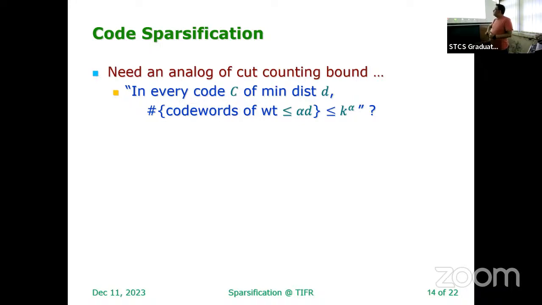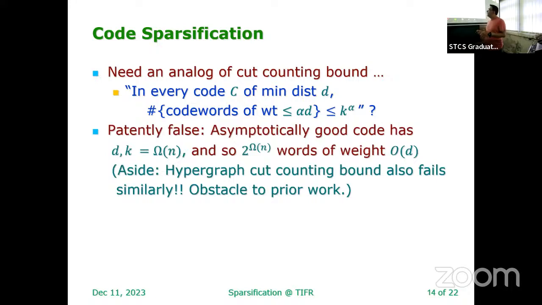It would be very nice to have this, but it's not true, patently, because if you take any asymptotically good code, a code which has constant rate and constant relative distance, well, minimum distance d, the analog of minimum cut, is n or omega of k.